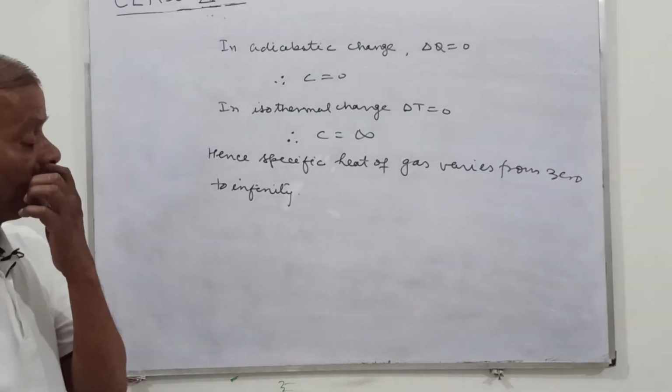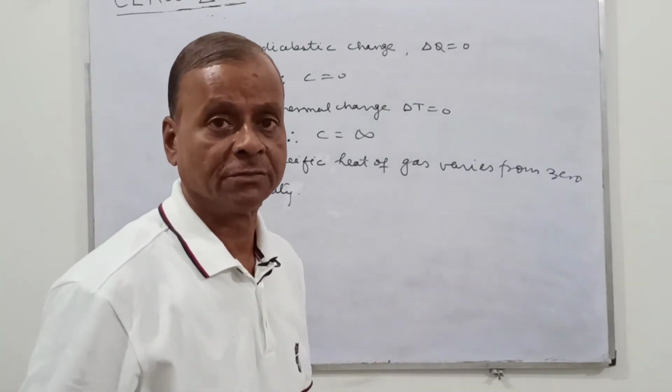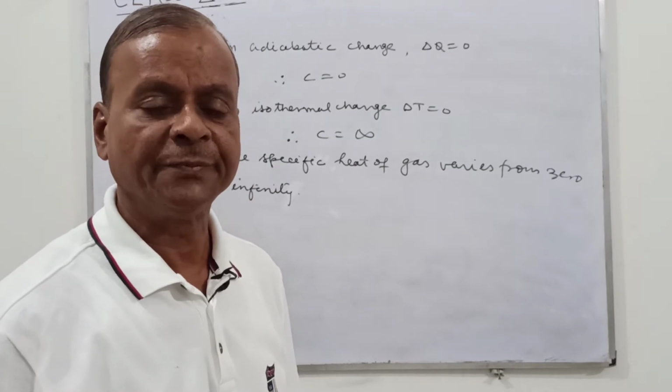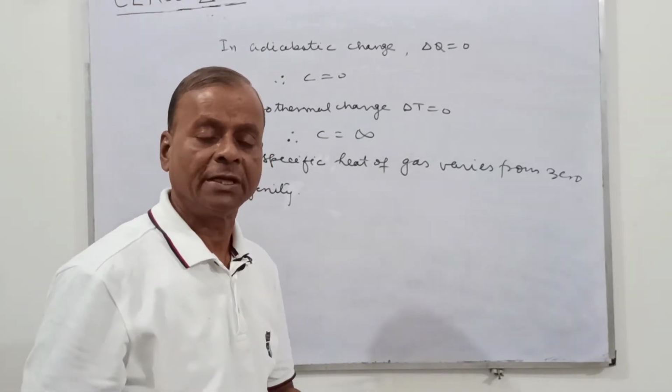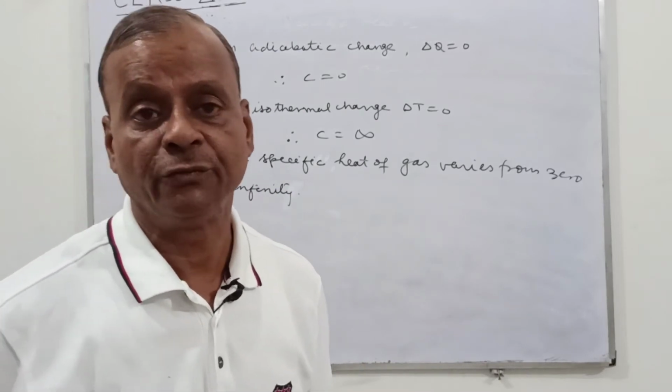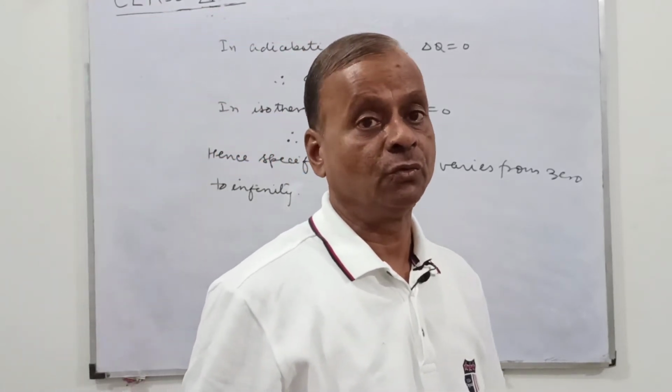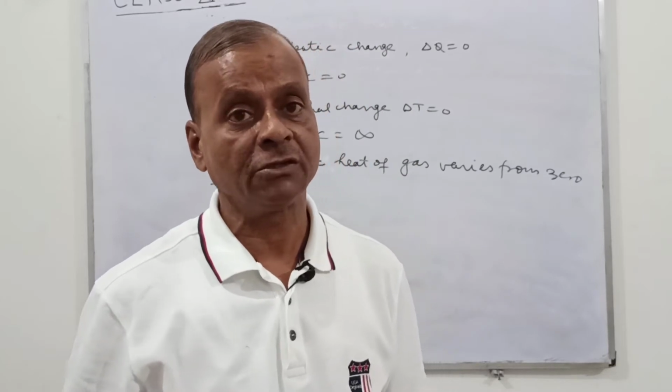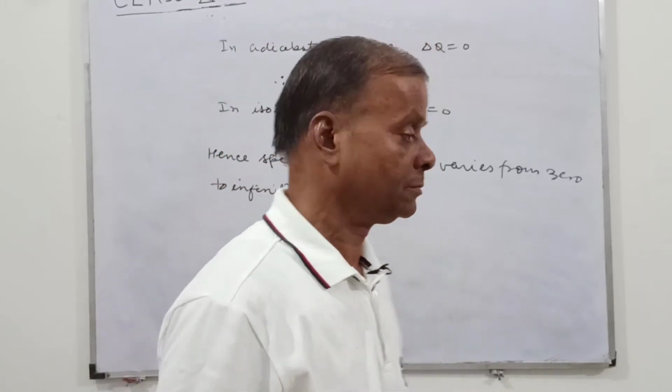But we know that the gas has three parameters: pressure, volume and temperature. So in every case we have to increase the temperature by 1 degree Celsius. So we can keep either P constant or V constant.